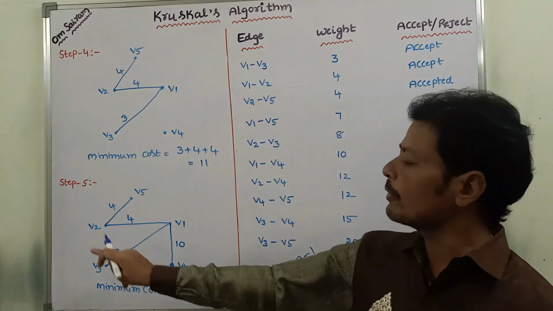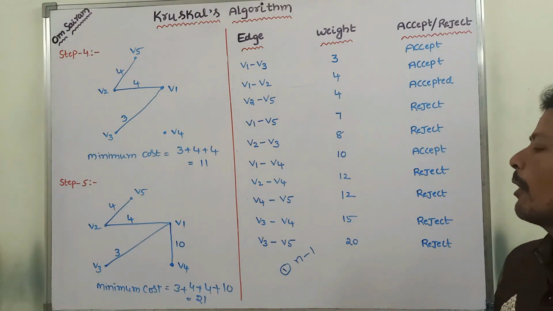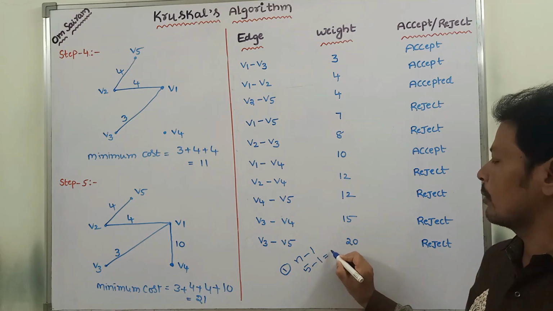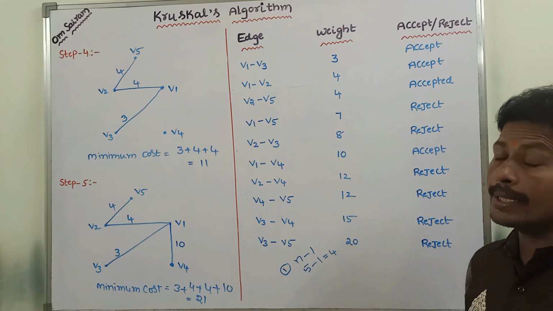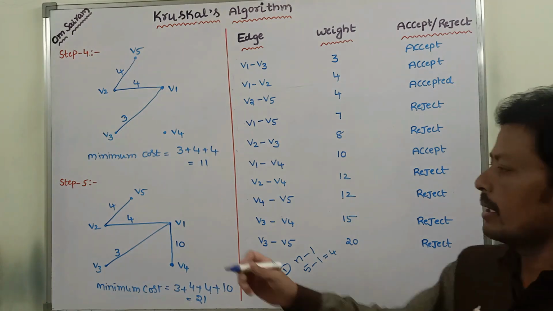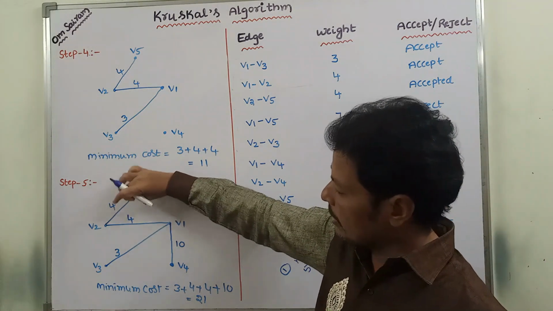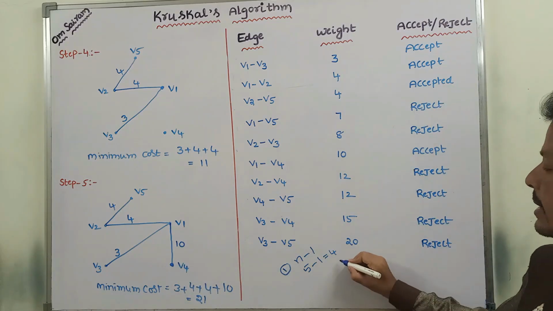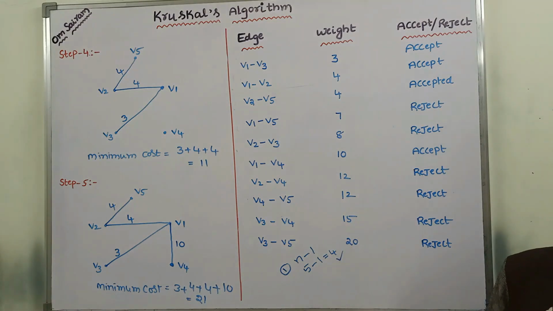There are 5 vertices, so 5 minus 1 is 4. 4 edges are present in the final minimum cost spanning tree: first, second, third and fourth. So this condition is satisfied.